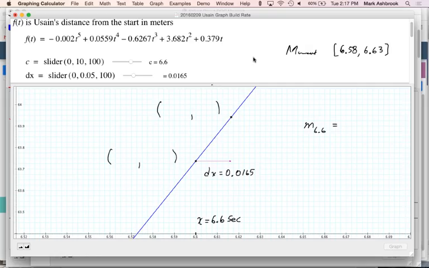Okay, coordinates of the first point. How about on this side, in the back? What are the exact coordinates of this point right here? Anybody? Okay, how about in the middle on this side? Do you know? 6.6, good.